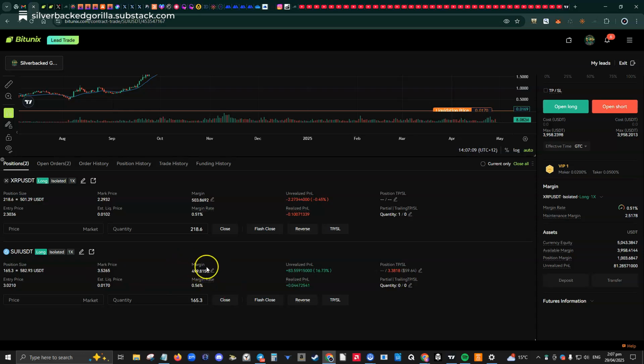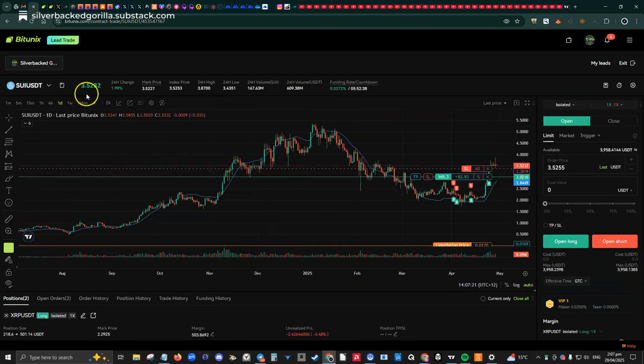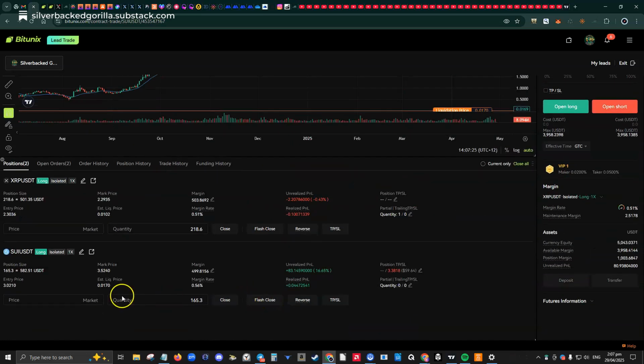I put 10% of my account in there, as you can see, as a starting amount. I don't have anything bigger than that as far as my size in the market, because I'm only 1x, there's no leverage, and the price is $3.52. Alright, so my estimated liquidation price is 0.017.